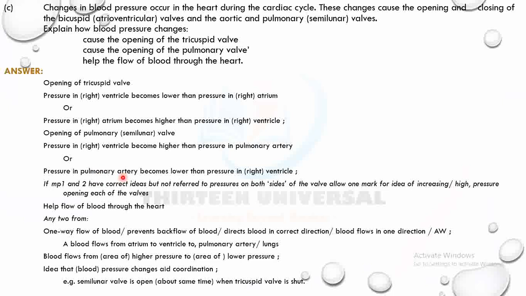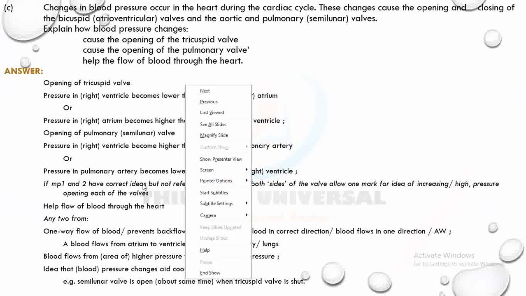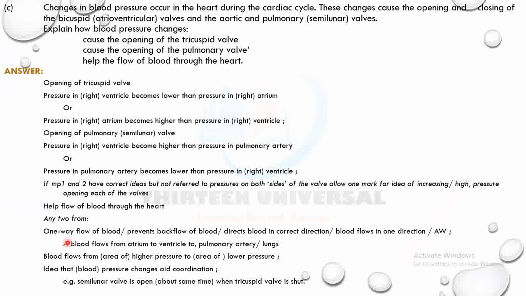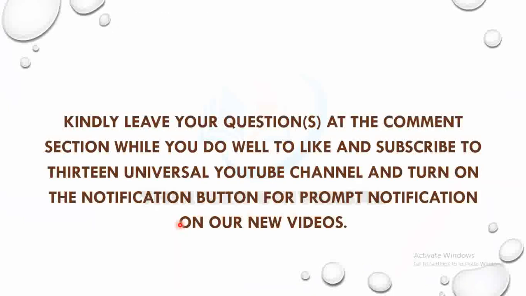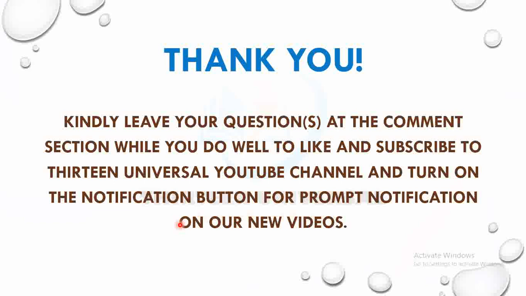Pressure in the pulmonary artery is lower than in the right ventricle. This helps the flow of blood through the heart. So the valve ensures one-way flow, prevents backflow, and directs flow in the correct direction. Blood flows from an area of higher pressure to an area of low pressure. Is that okay? Yeah, this is very critical, very important. Okay, 3 marks.